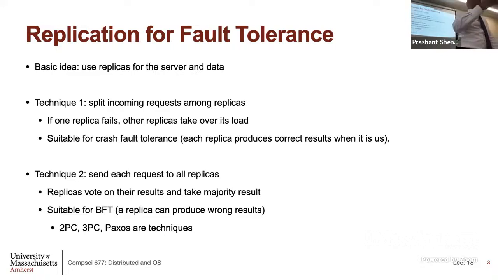Nodes are not maliciously trying to change the vote. Nodes are simply trying to either send a response or they have failed, so you don't get a response at all. In Byzantine consensus, nodes can actually try to send a bad response to confuse the vote, and you still want to reach agreement. That's called Byzantine agreement or Byzantine consensus.